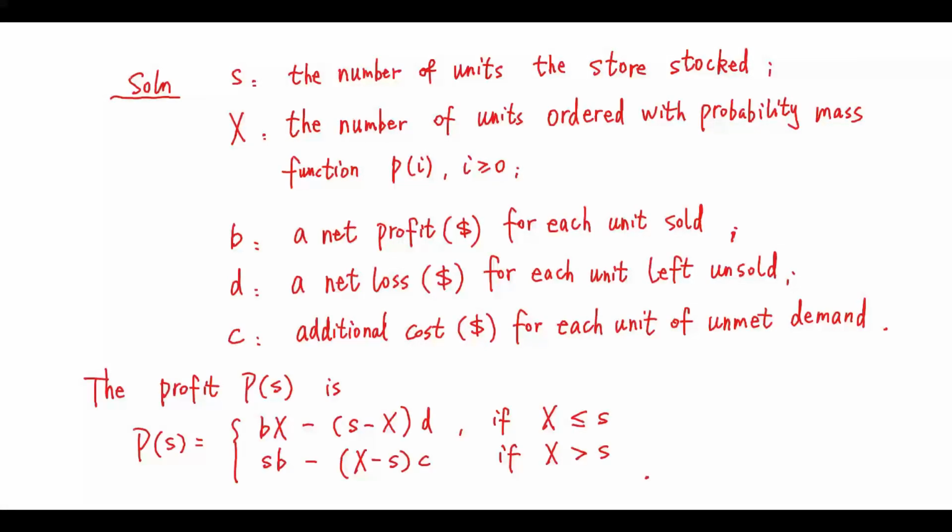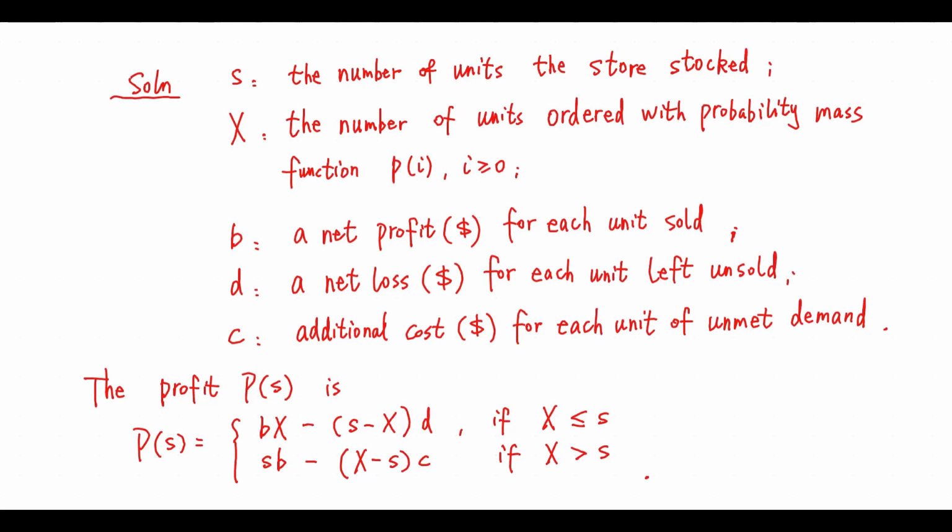Solution: for the number of units ordered equal to or less than the number of units stocked, the profit is the total dollars for the units sold minus the dollars for the units left unsold.